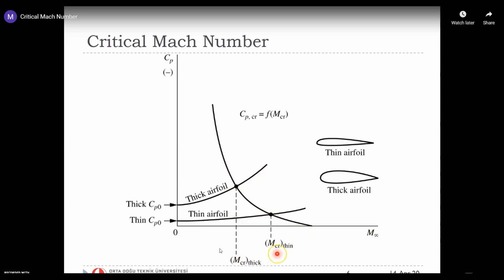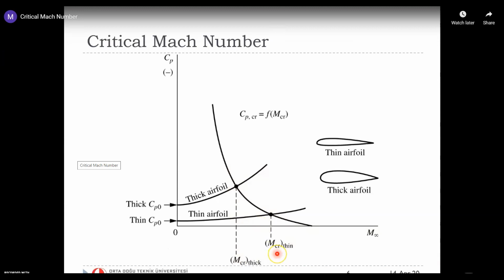Yes? Did you get this point? I guess you got it. Let's continue. Hocam, can I ask something? Yes. The behavior of thin airfoil curve won't change, right? It will just be shifted up in the CP minus axis.